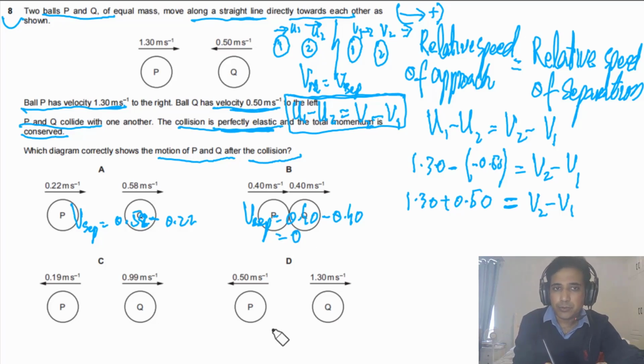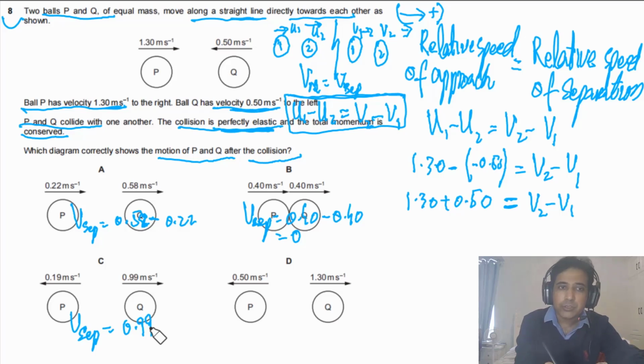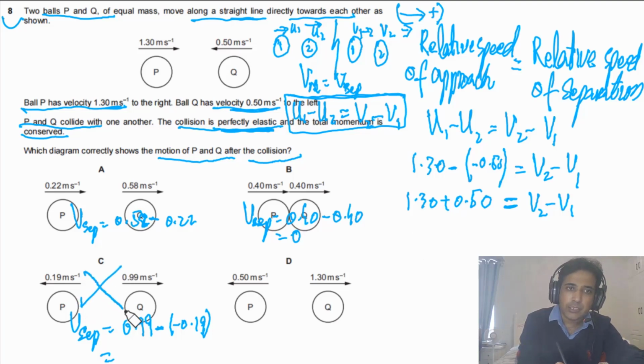And in this case, what is the relative speed of separation? That will be equal to 0.99, this is positive, minus this value, which is minus 0.19, and the answer is not equal to this one. So this is also not possible.